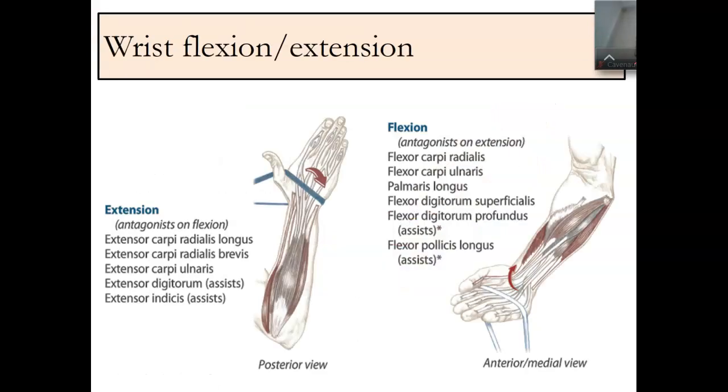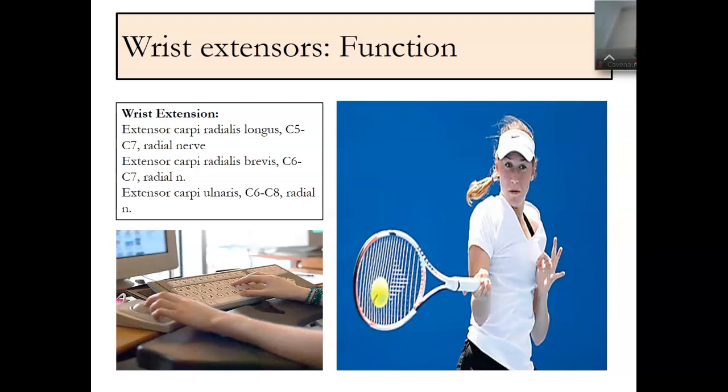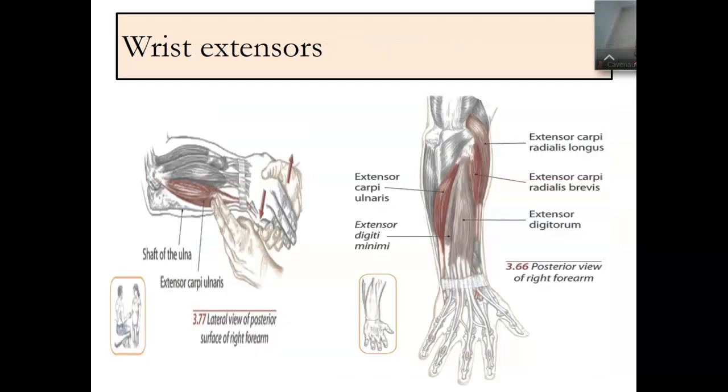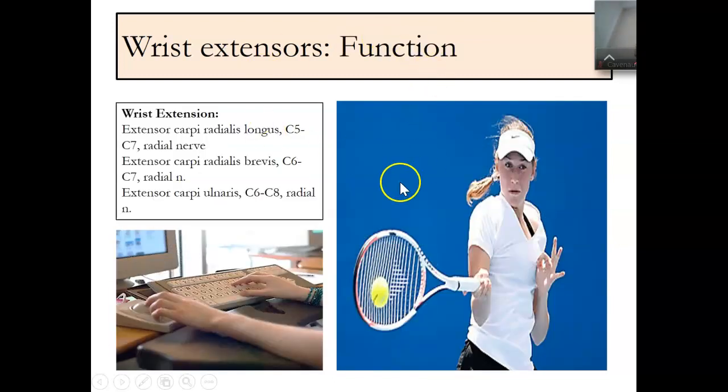There's wrist flexion and wrist extension. Let's break it down to the functional task. So wrist extension. As she comes back to hit that tennis ball, not when she pushes forward, when she comes back, she goes into wrist extension.